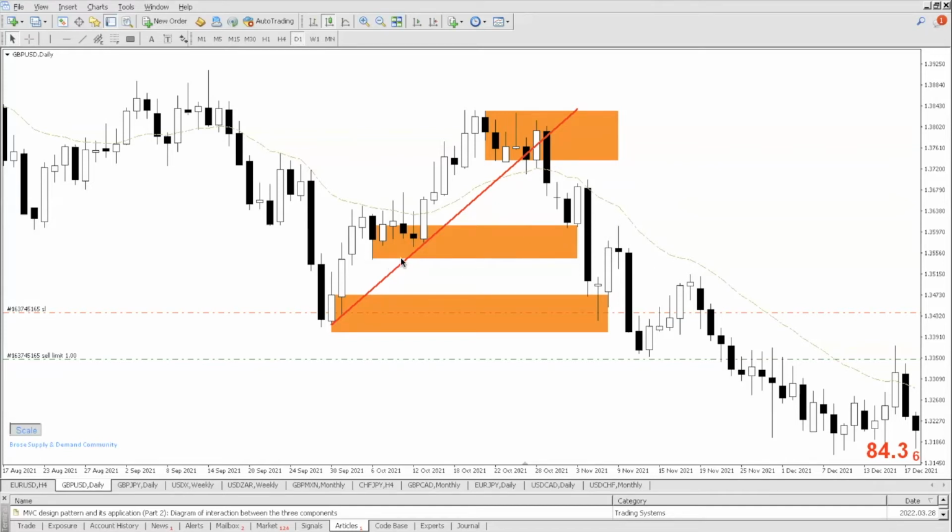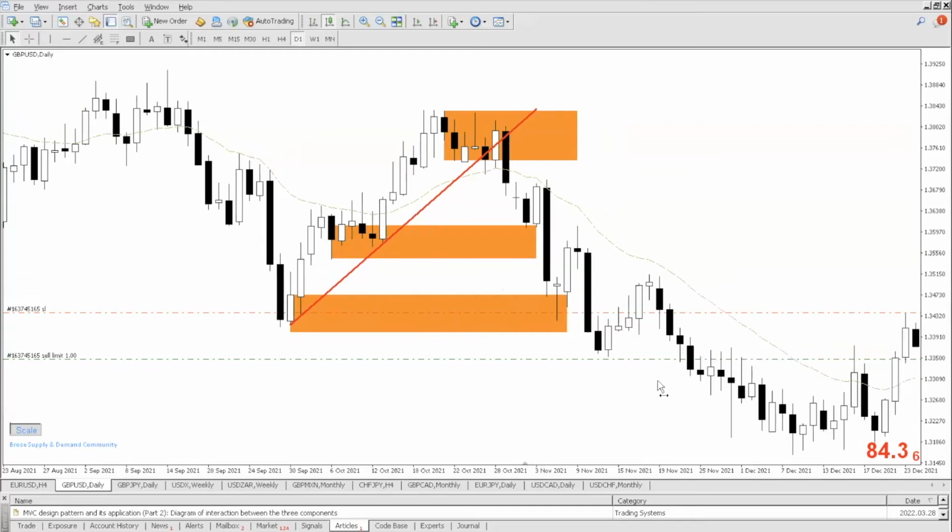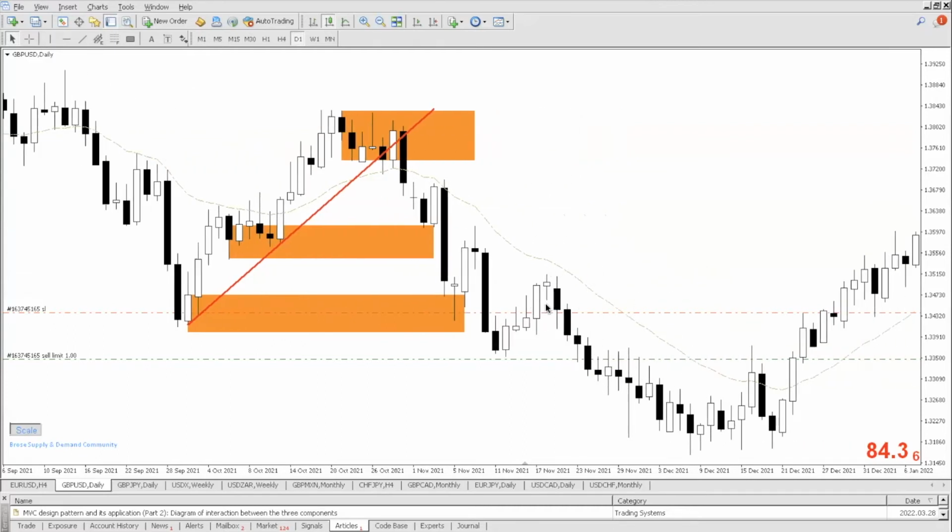When it crosses it, we say it took it out. Now you have to be like, okay, the momentum is on the downside. Again, it took out this demand here, and since then it's been falling down.